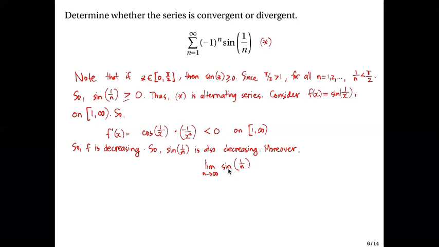But sine 0 is equal to 0. And therefore, by the alternating series test, star is convergent.